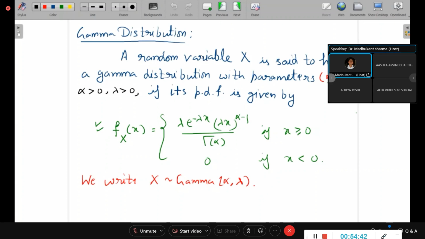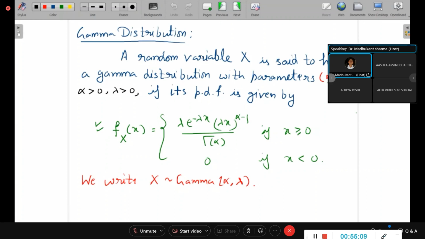Why it has come into the picture, you will see later on: if you take independent exponentially distributed random variables and look at the distribution of their sum, that will follow the gamma distribution.